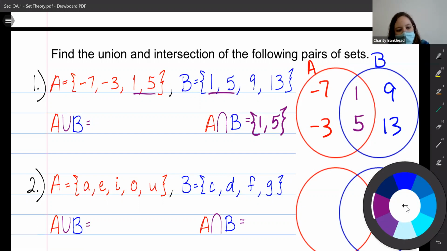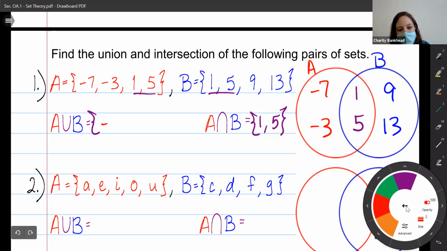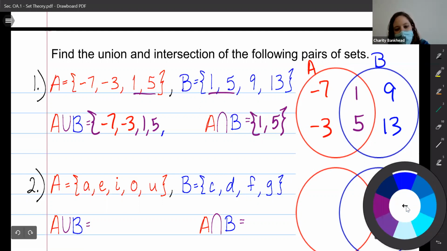Then let's list them all out. I usually like to list them from smallest to largest, although it's not required; it just helps stay organized. So the union contains -7, -3, 1, 5, 9, and 13.